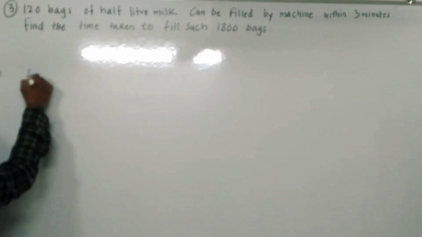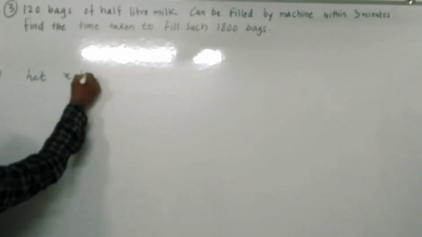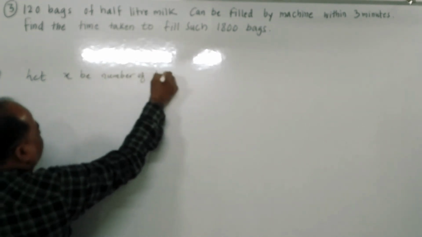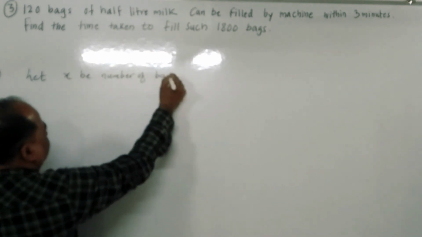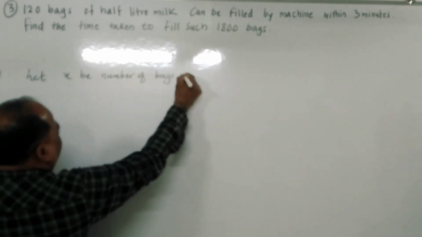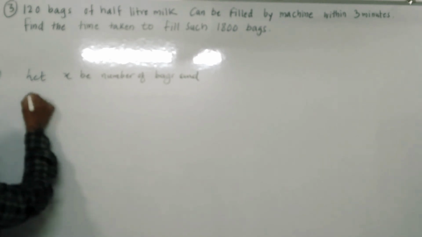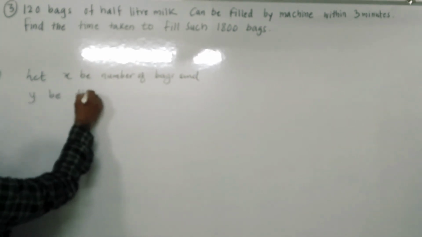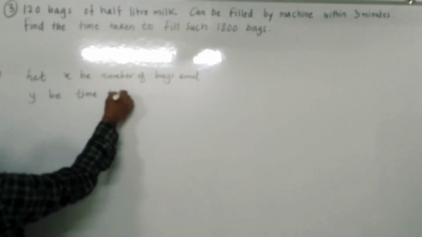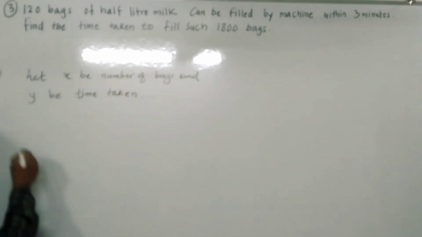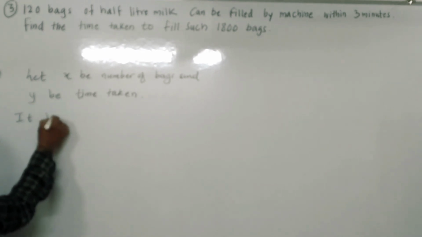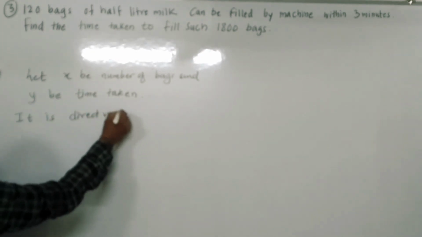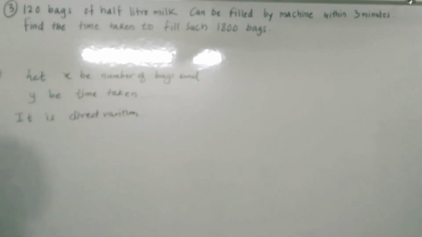So let us assume, let x be the number of bags and y be the time taken to fill the milk bags. The example is based on direct variation.